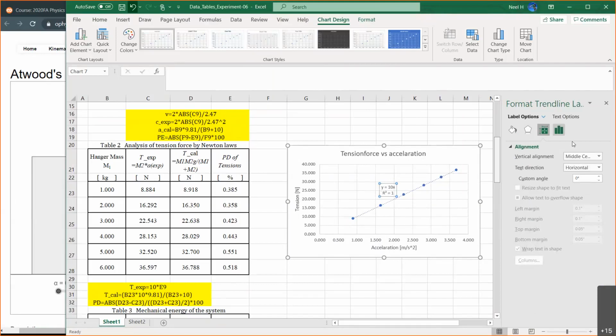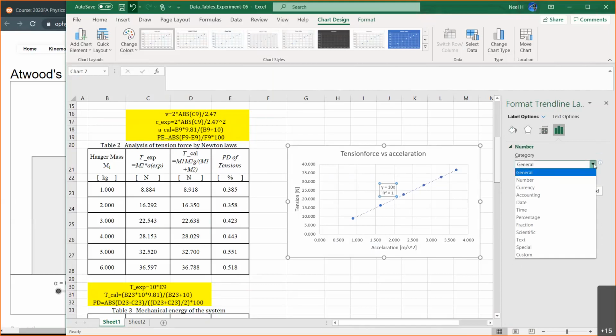Then you will see a couple of new icons appear to your right hand side. Very top, there are 4 icons, click on the fourth one. Then you will see number, category, general. Click on general, change to number, and then increase the decimal places right here to 4.